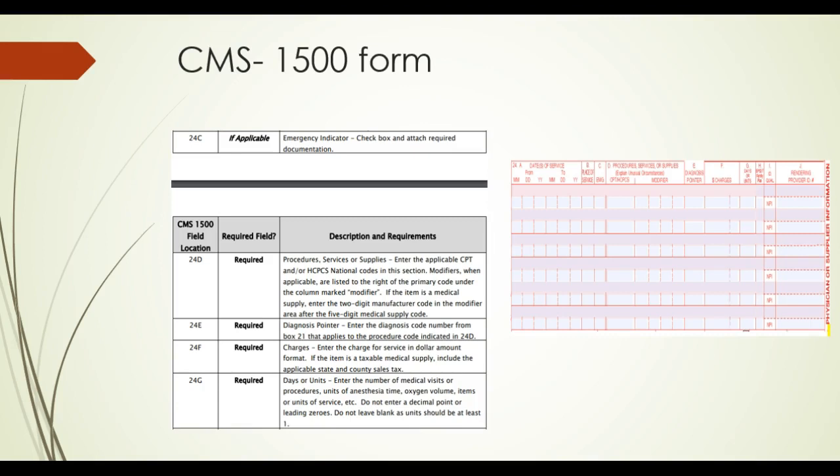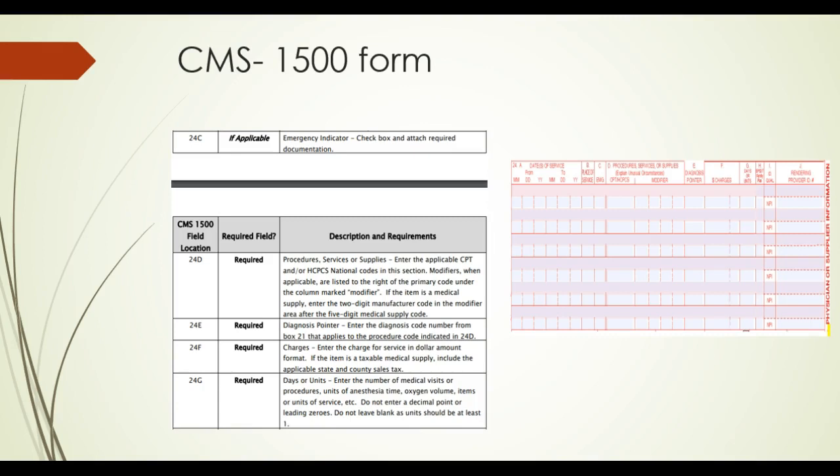24F, that's your charges. Your charges is in 24F, and they would go here. Anything that was allowed, as far as if you bill a code, you might charge $100 or $20, whatever the charge is. And then 24G is your days or units.